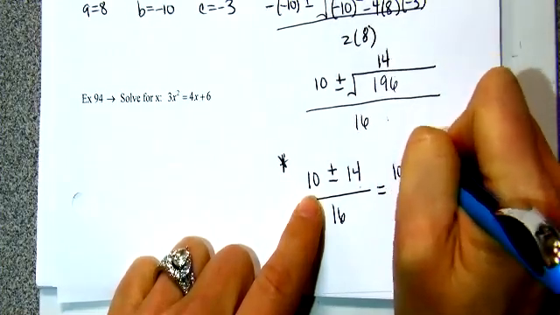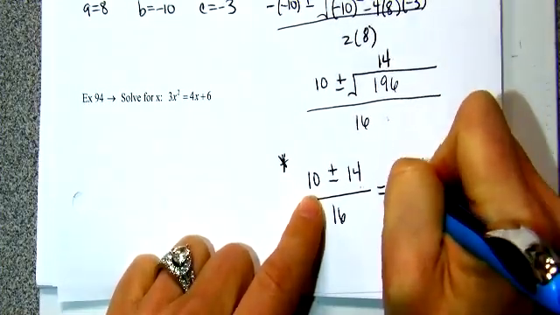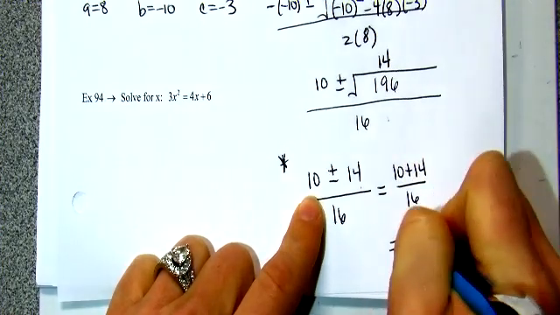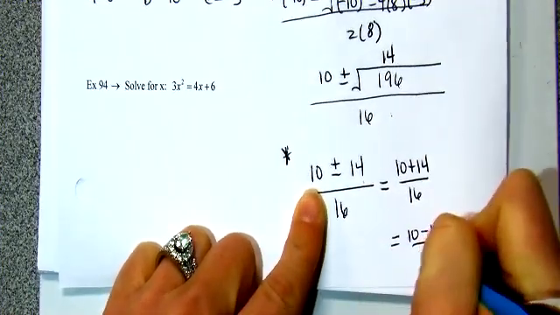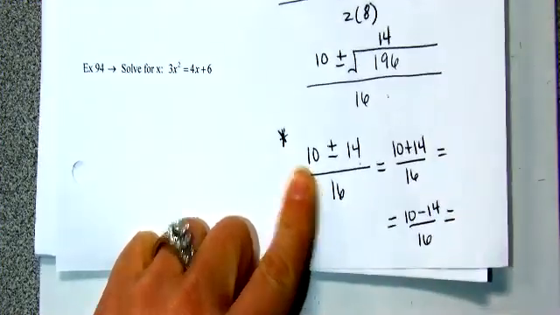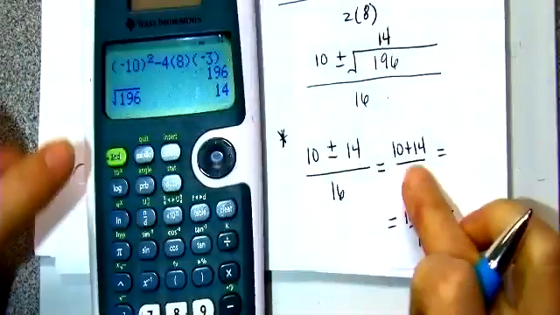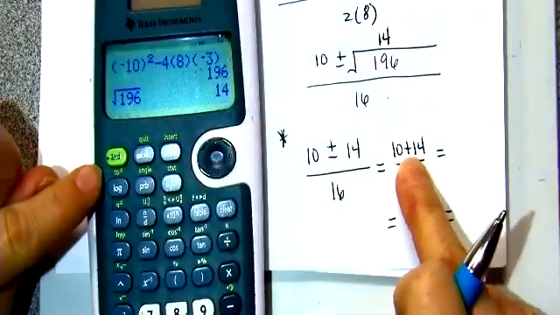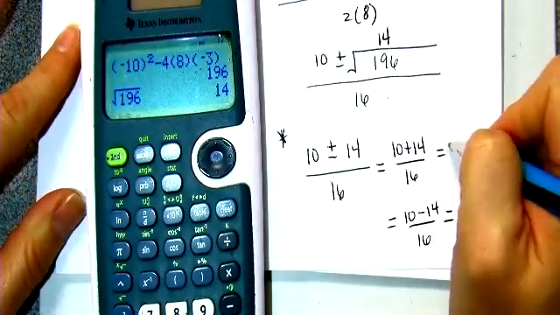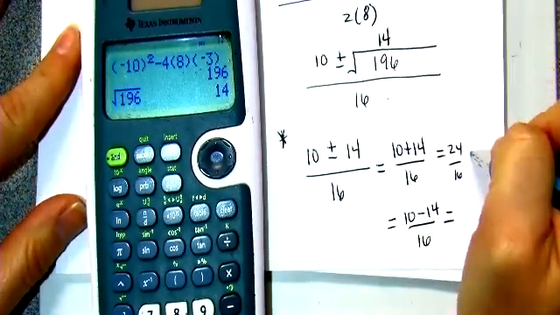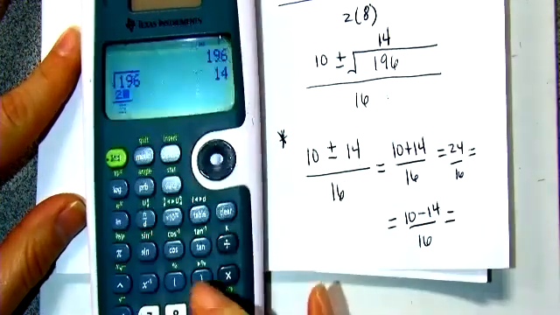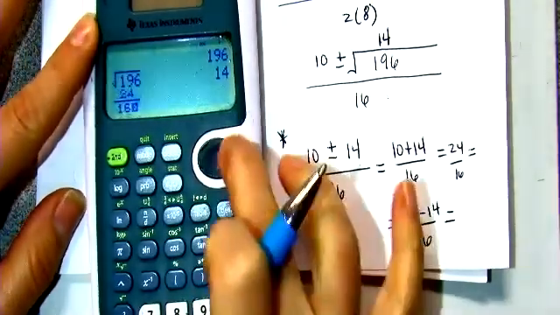So this would be like saying 10 plus 14 over 16 and 10 minus 14 over 16. And then you'll get your two solutions. And you can tell your calculator to do all of that for you. I know 10 and 14 make 24 over 16 if you're not using your calculator, but then you would want to reduce it.